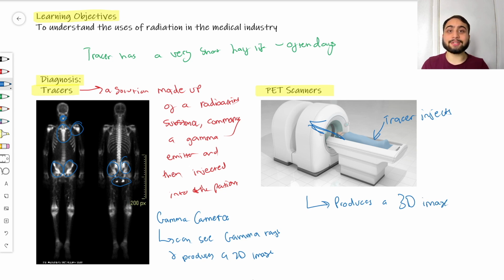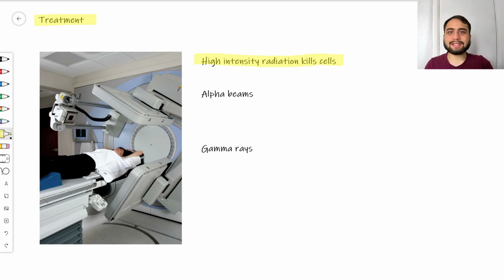Okay, so we can now see depth as well as length and height, and it also has a higher resolution. So where we have really finicky or very detailed problems, we need a very detailed image to diagnose them, so we use a higher resolution camera, the PET scanner, which also produces a 3D image.